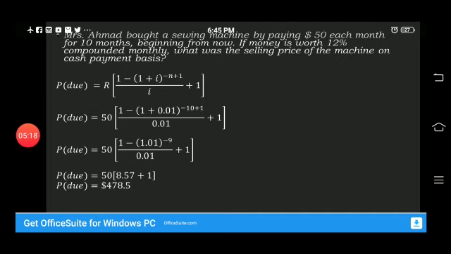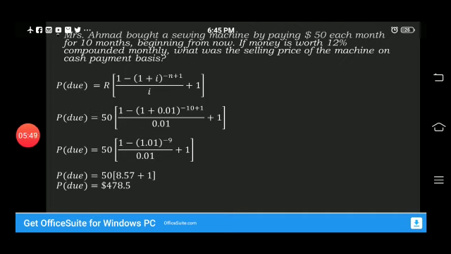When he is asking about the price of the machine, he is asking about the cash payment, that is, the present value. So by using the formula of the present value of annuity due, we have put the value of R, that is 50. We have put the value of i, that is 0.01. How do we get it? We divided 12% by 12, that is 0.12 divided by 12 is 0.01.